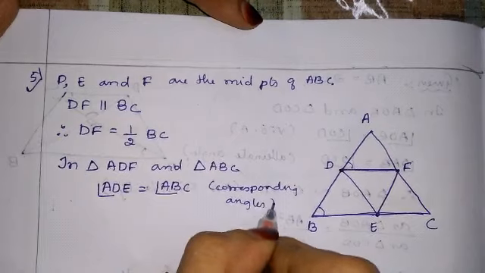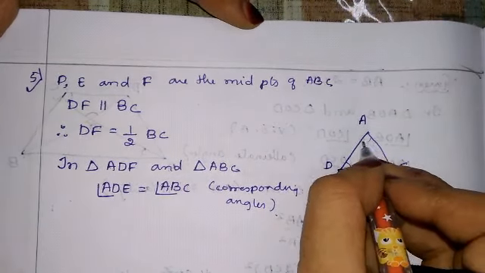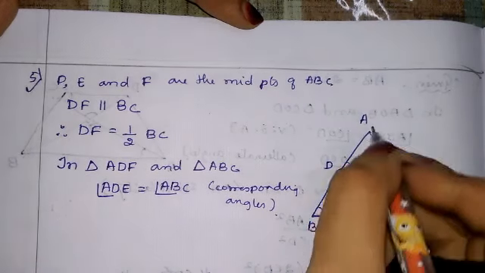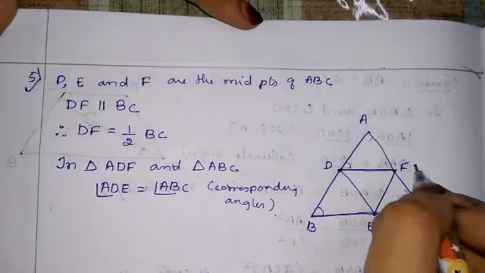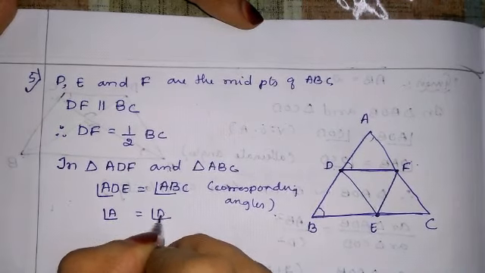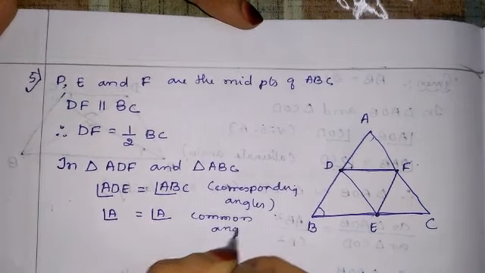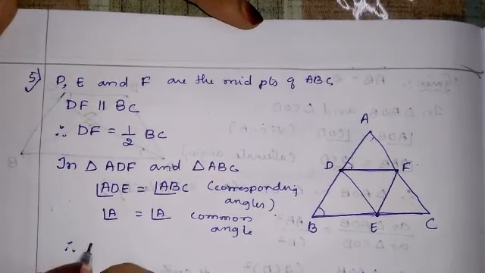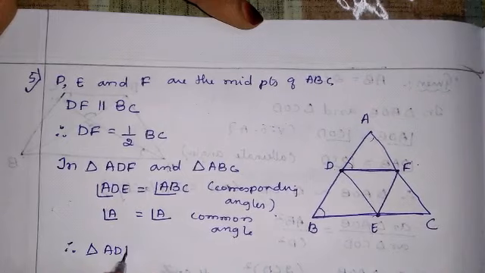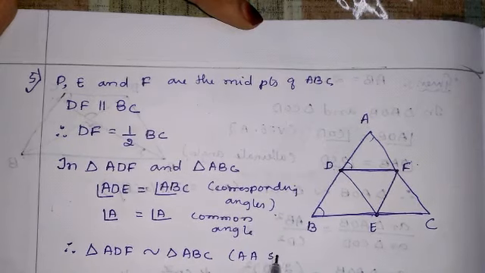Now we can see here angle A is common in both triangles, BAC and DAF. Angle A is equal to angle A, common angle. Therefore, triangle ADF is similar to triangle ABC by AA similarity.